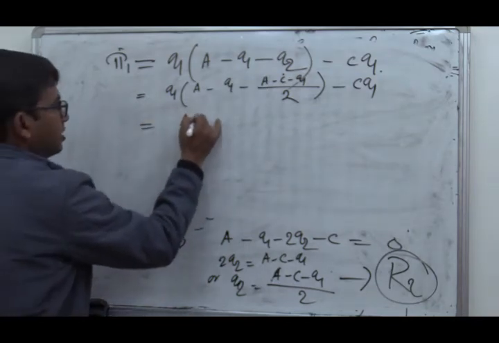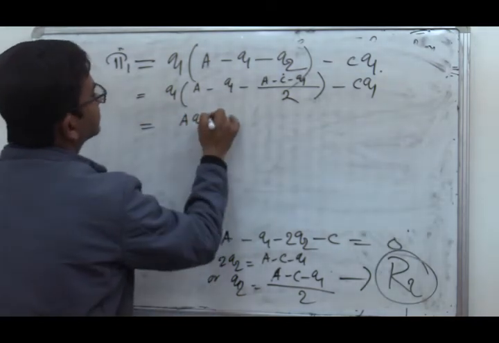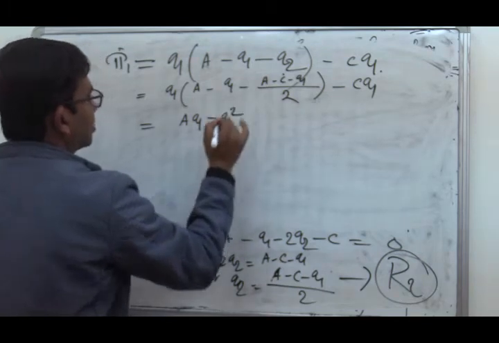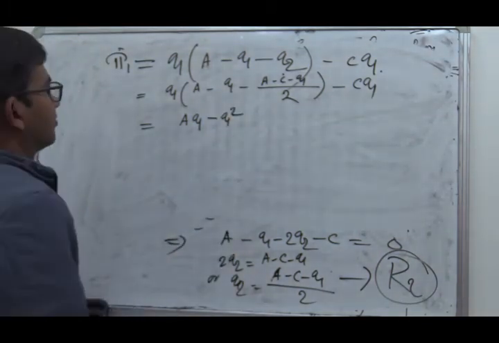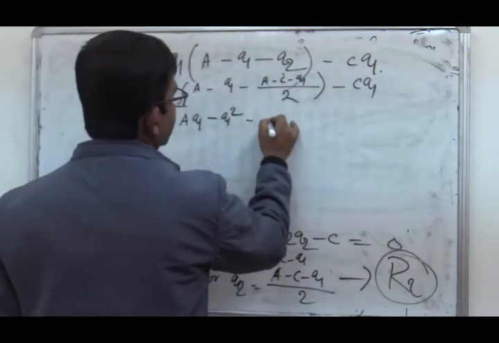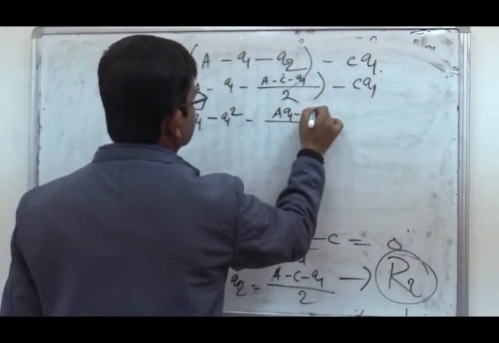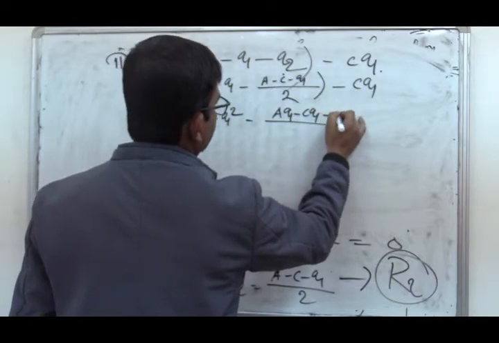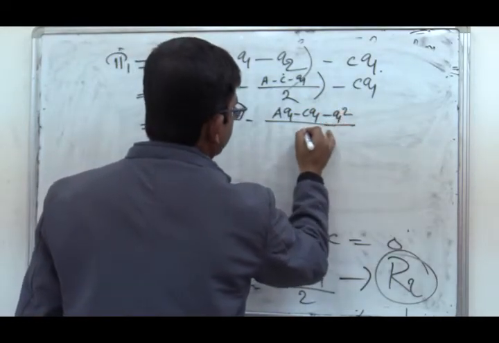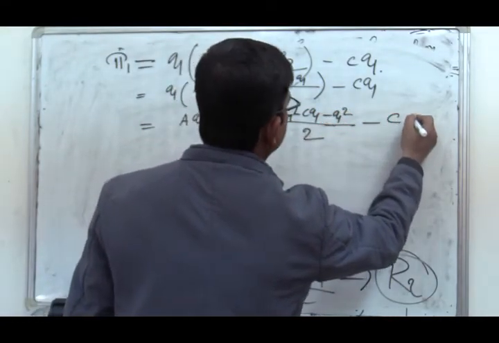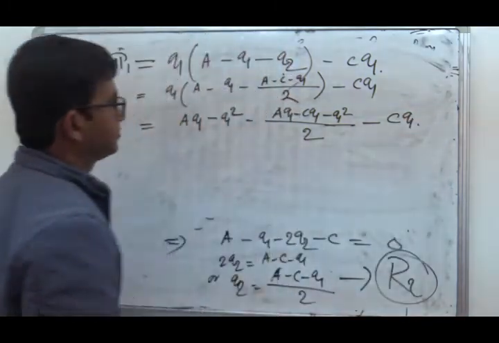So now let us simplify it. It will be A·Q1 minus Q1 square minus (A·Q1 minus C·Q1 minus Q1 square) divided by 2 minus C·Q1.